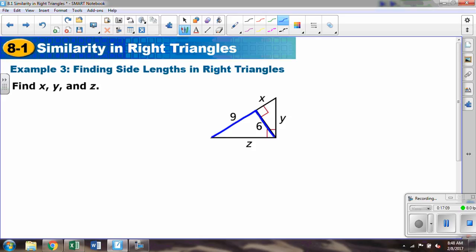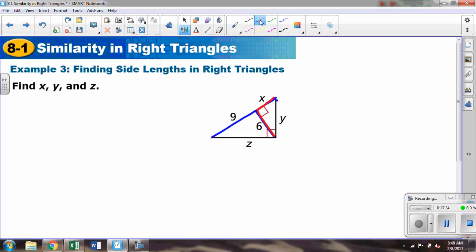And then I have x right here. Let me put that one down in red. In looking at the picture, I'm able to recognize our similar triangles for the small red triangle and the medium blue triangle. I'm going to build a proportion based on having the corresponding parts of those.